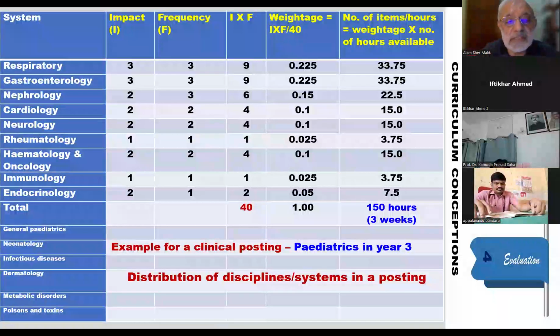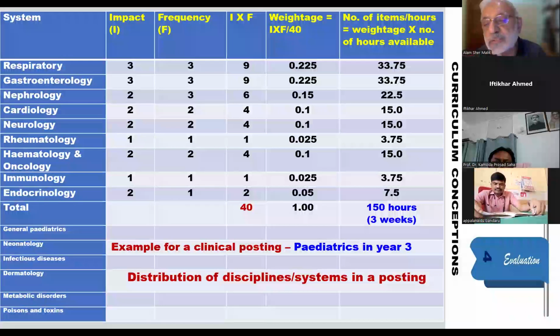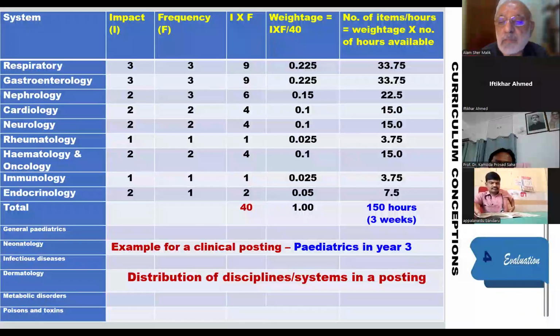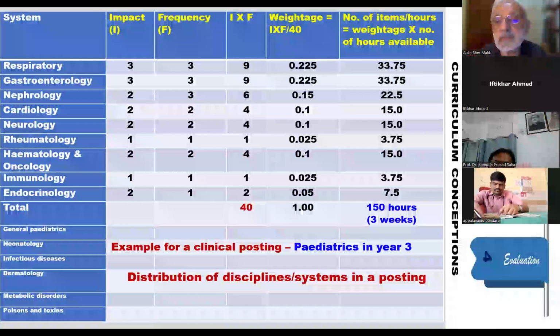Now here is an example. I'm talking about the pediatric posting. And within the posting, of course, we have to cover all the systems. And I'm applying this concept for the time allocation of each system in that pediatric posting.